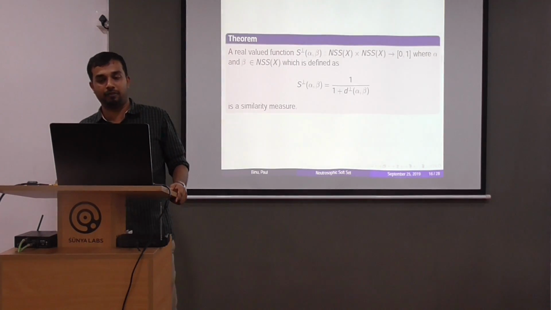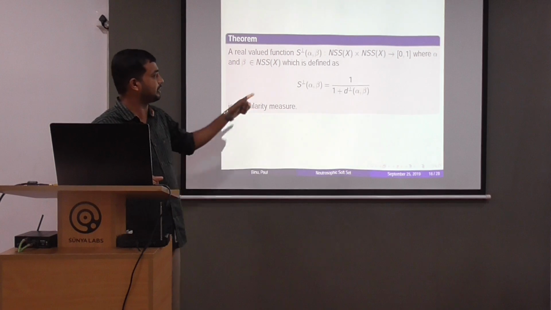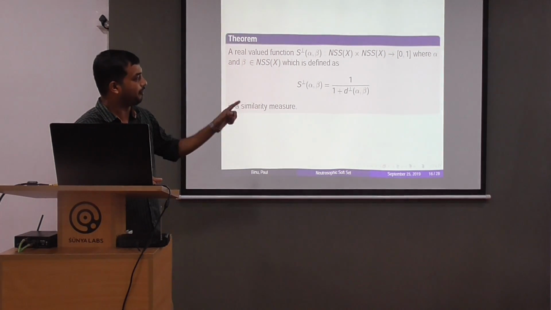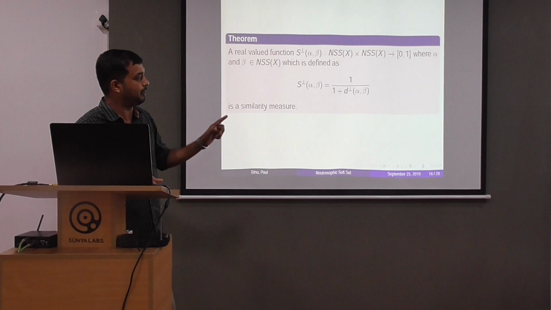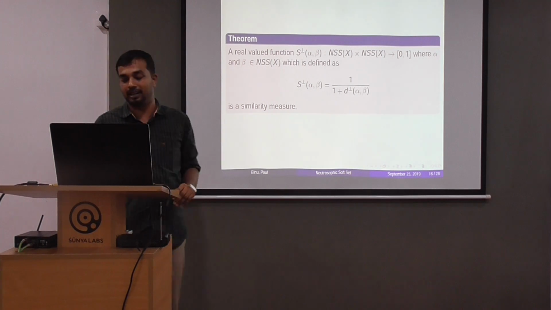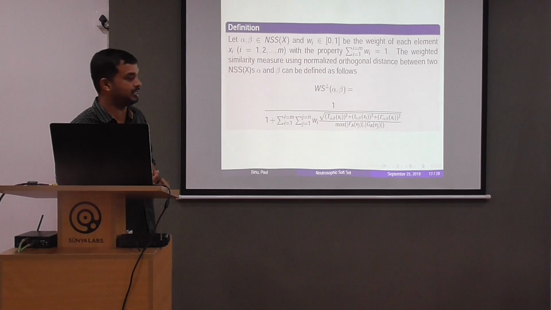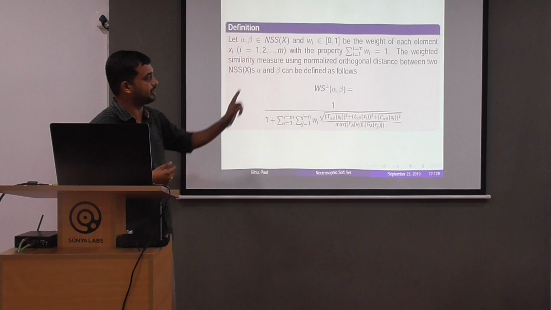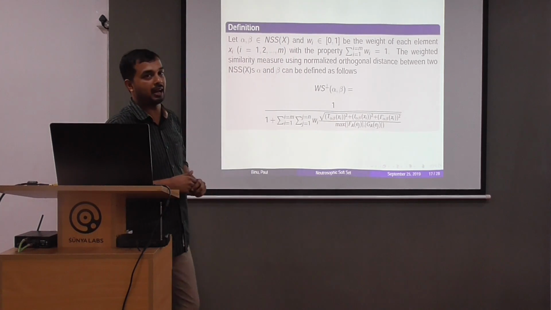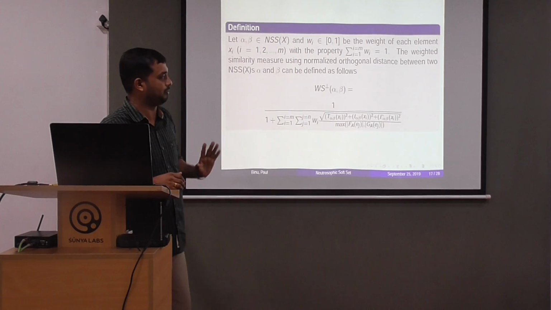Next, a real valued function defined as S perp of alpha beta equal to 1 by 1 plus d perp of alpha beta is a similarity measure. Next, the weighted similarity measure. The weighted similarity measure means we assign a weight for each parameter, satisfying the property summation i equal to 1 to m, wi equal to 1.